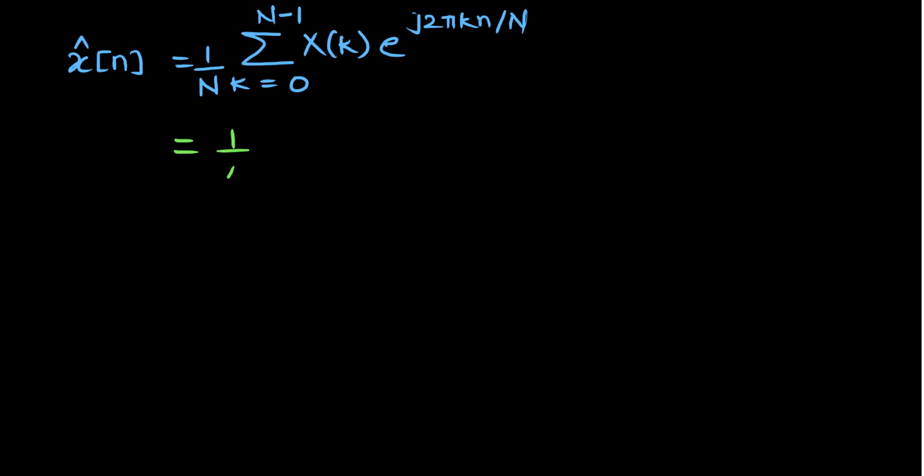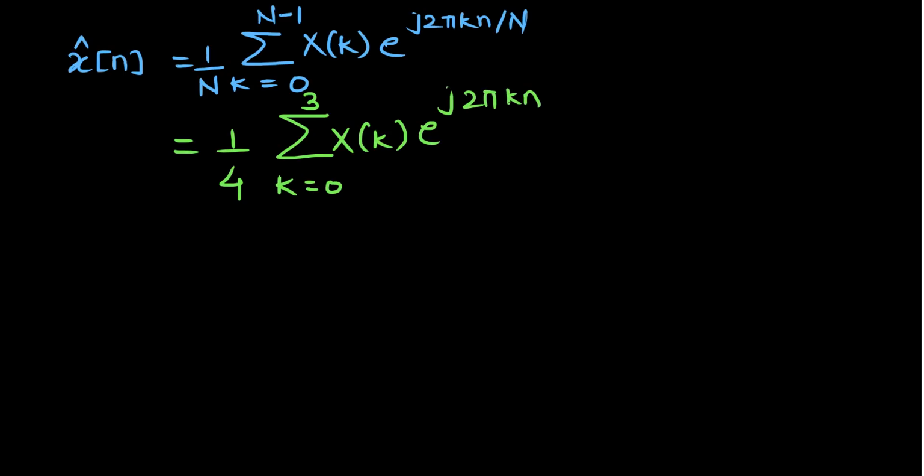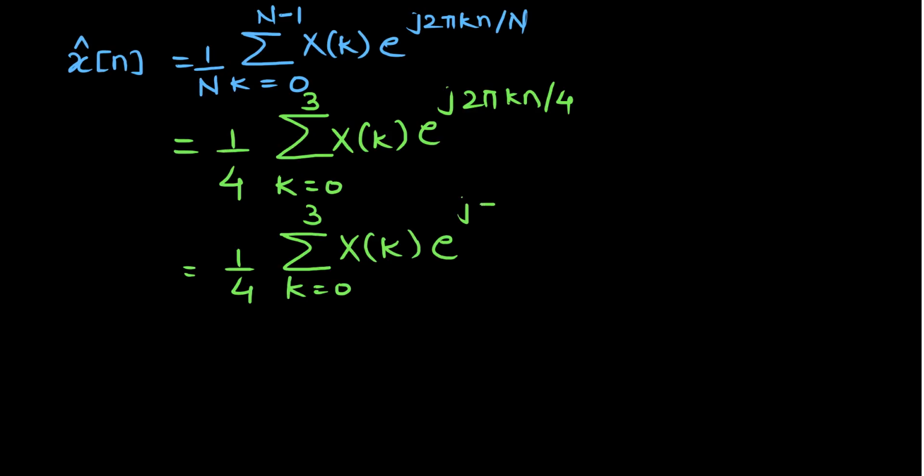The value of n here is 4, so it is 1 by 4 summation k running from 0 to n minus 1, so it is 4 minus 1, therefore 3, x of k into e to the power j 2 pi k n by 4, which is equal to 1 by 4 summation k running from 0 to 3 x of k into e to the power j pi k n by 2.